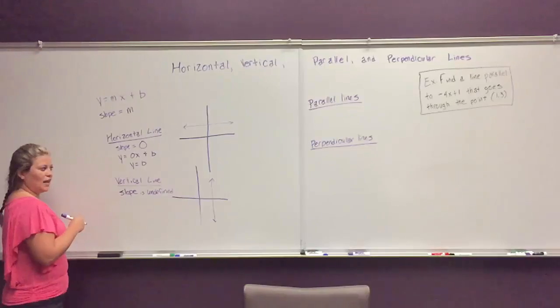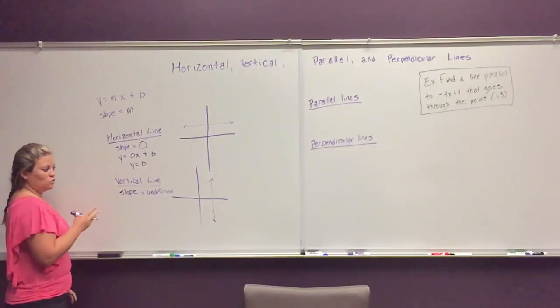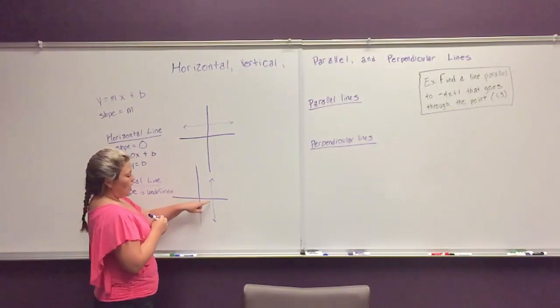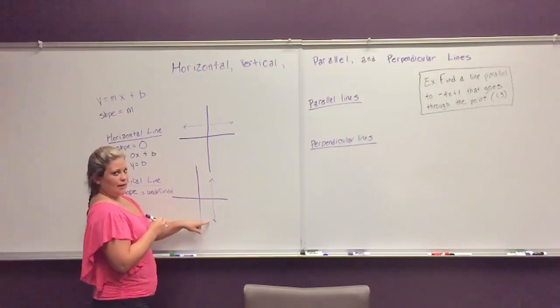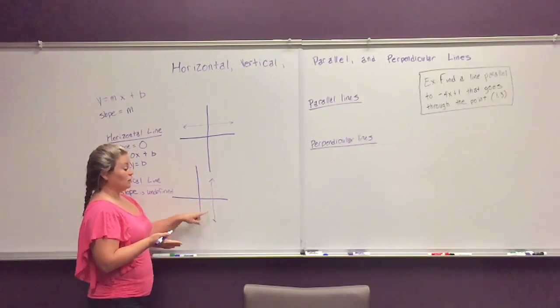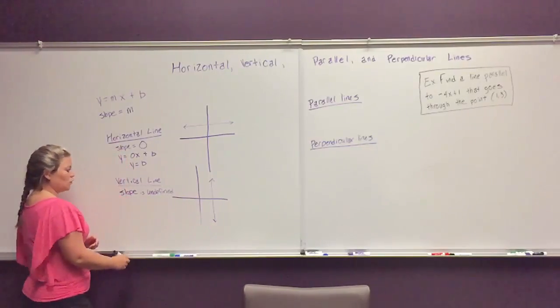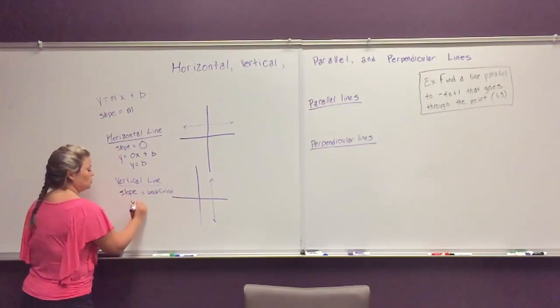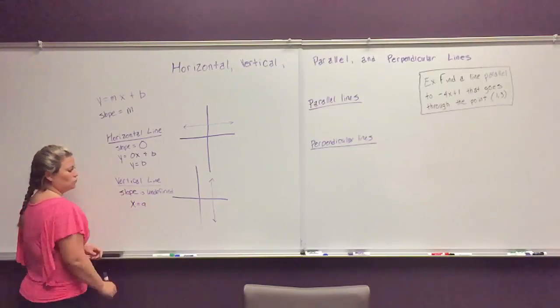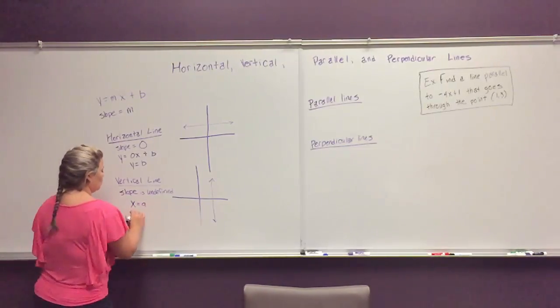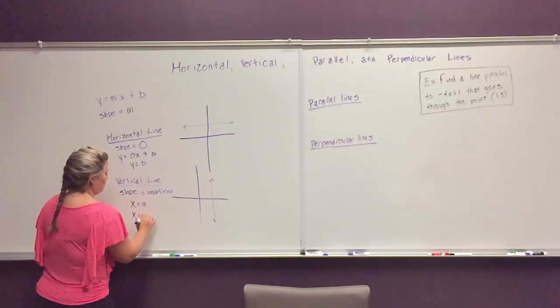And in that case, the equation doesn't look like y equals. In fact, notice here, every point on this line has the exact same x. Lots of different y values, but the exact same x. So the equation of a vertical line is actually x equals some number, like x equals a, x equals maybe 4.